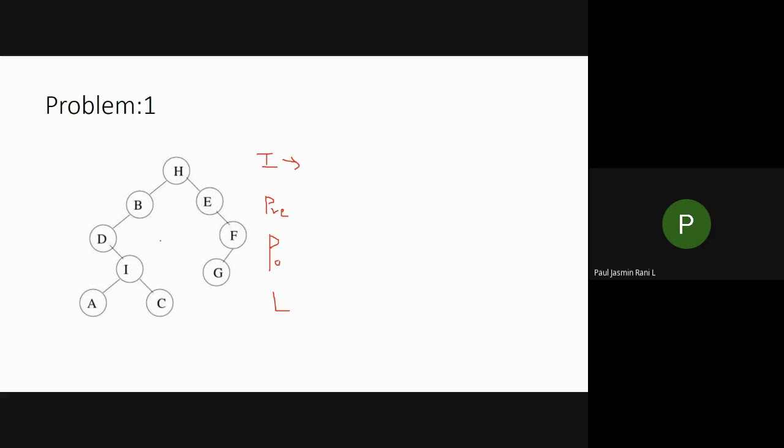Okay, let me check your answer. Let us see what happens in an in-order traversal. In-order means first your left, next the root, that is your current root node, next the right: LCR. So what happens here? A, I, C, next what are you going to do?